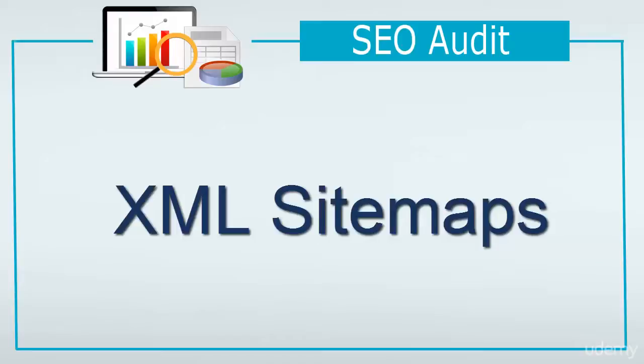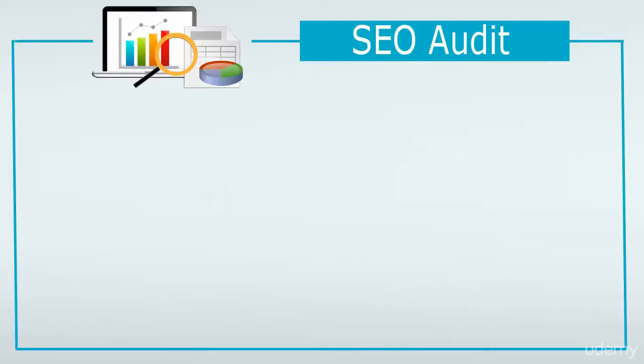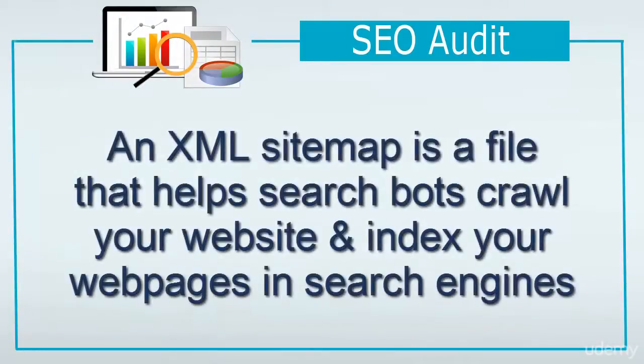An XML sitemap is simply a file that lists all of the pages on your website. It helps the search engine web crawlers find all of the pages on your site and see how your website is organized, and it helps them to better crawl your website. Ideally, if you've set up your site pages properly, web crawlers are usually going to be able to discover all of your pages.